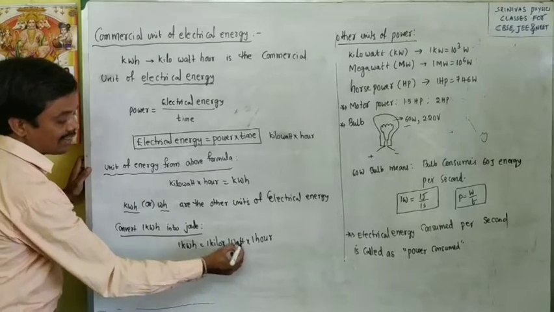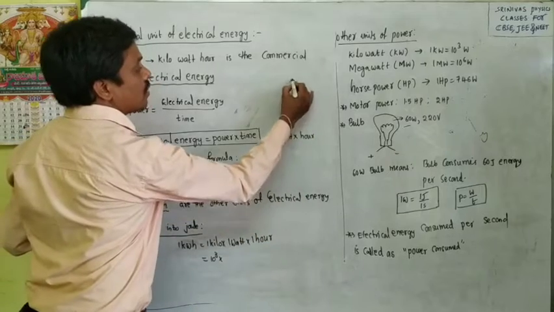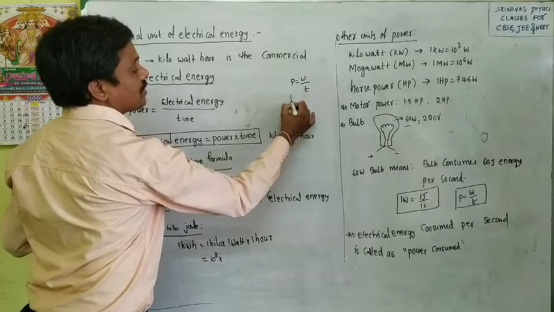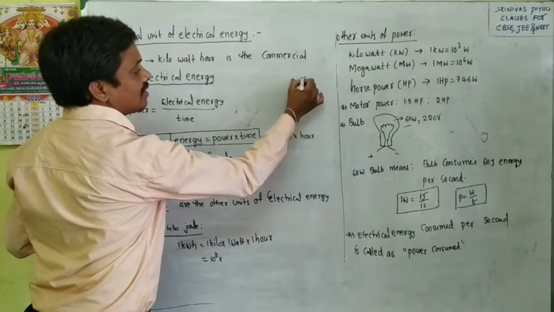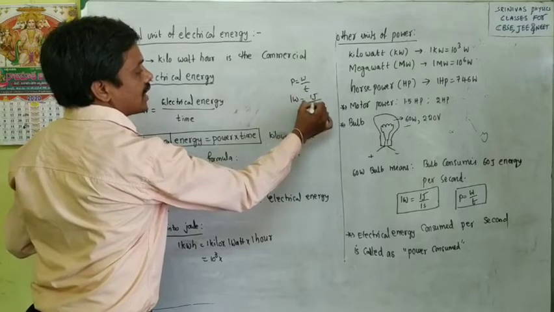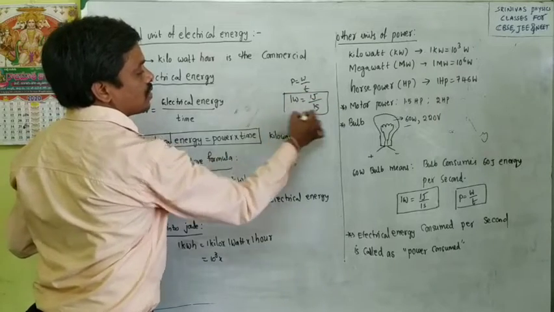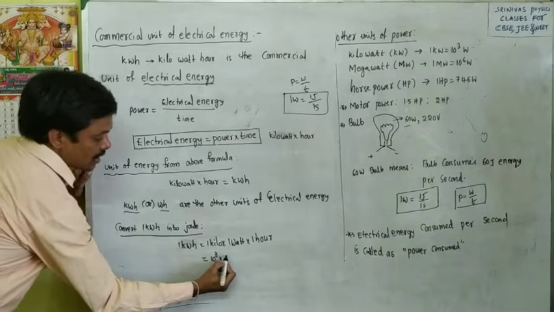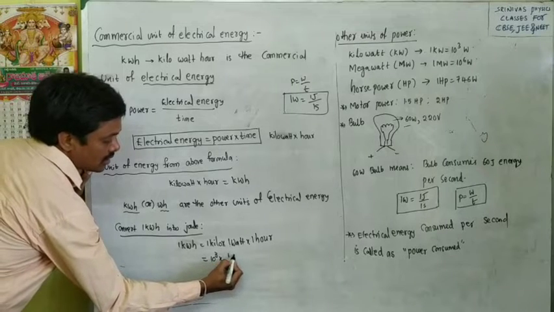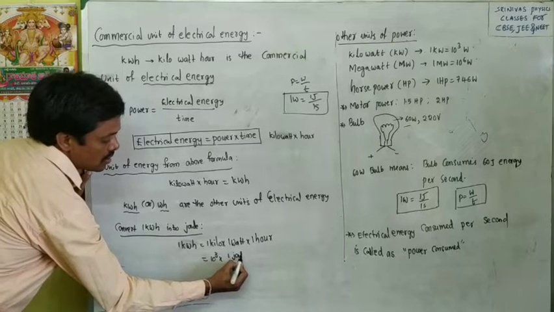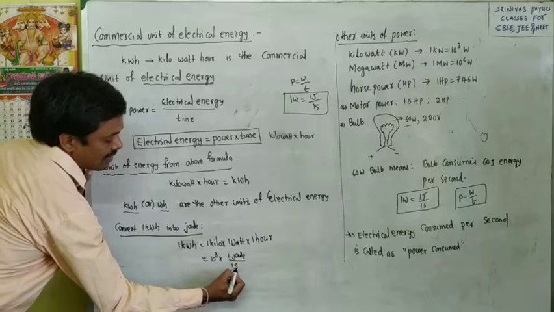Power is work by time, so 1 watt is equal to 1 joule by 1 second.